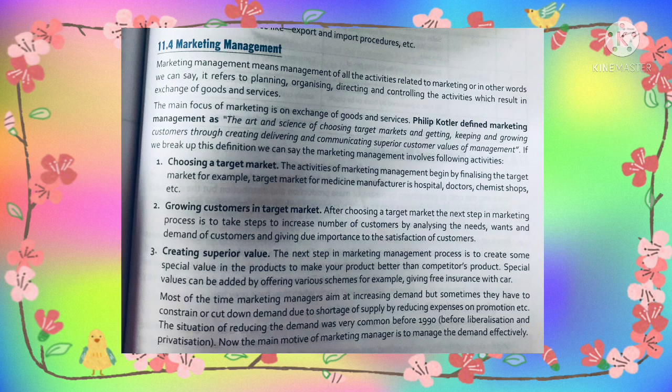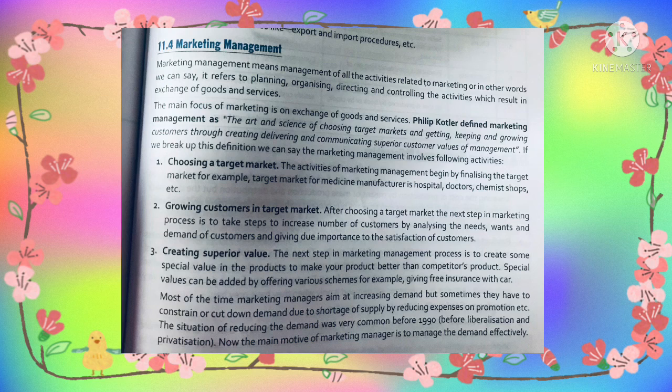All these are ways of adding value by offering various schemes. Most of the time marketing managers aim at increasing demand, but sometimes they have to cut down the demand because of a shortage in supply, by reducing the expenses on promotion.